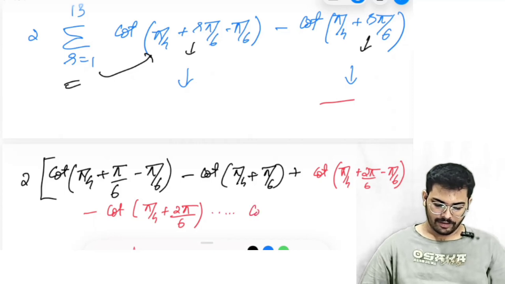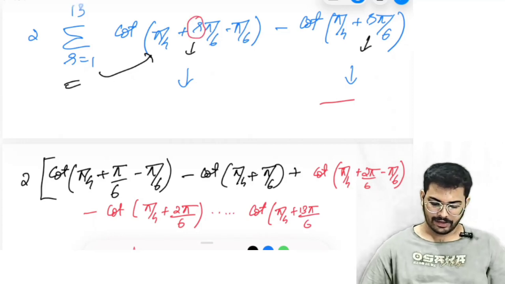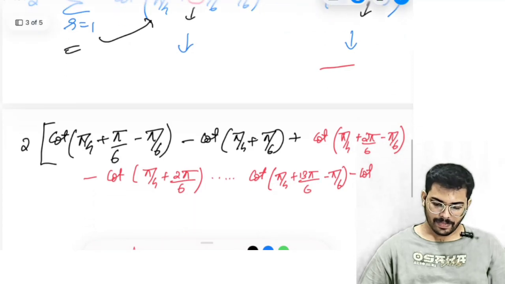That is, it will become cot of pi by 4 plus 13 pi by 6, that is r pi by 6, r equal to 13, minus pi by 6, minus cot of pi by 4 plus 13 pi by 6.